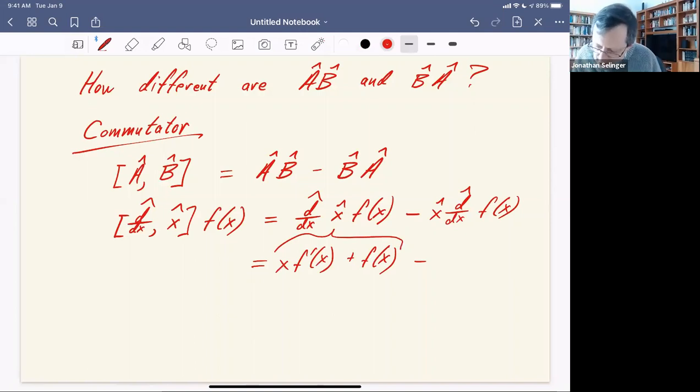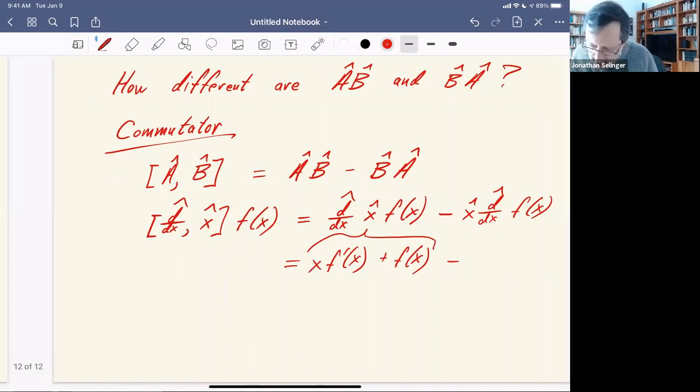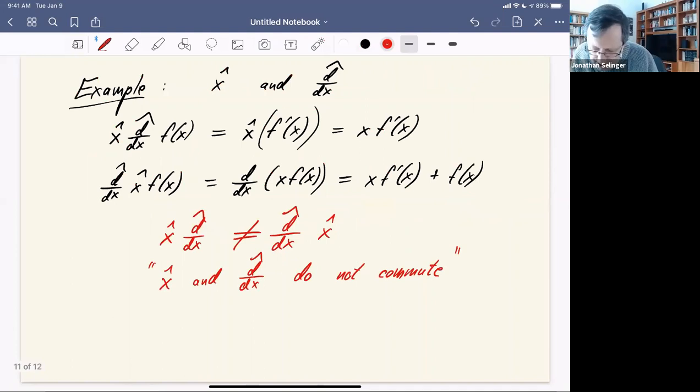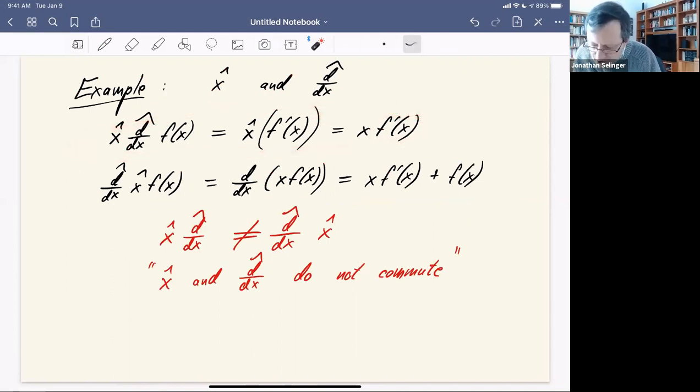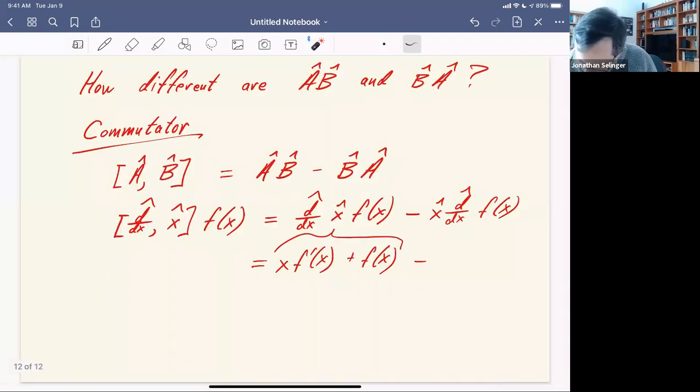Minus the second thing, x d by dx of f of x. It's x times f prime of x.